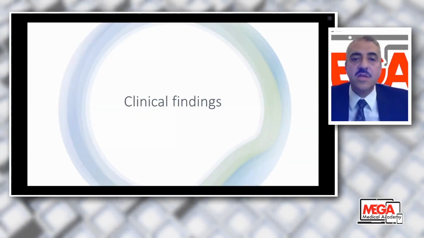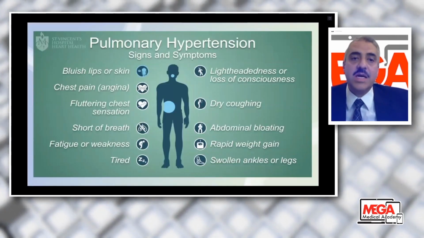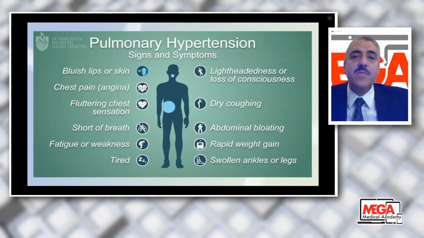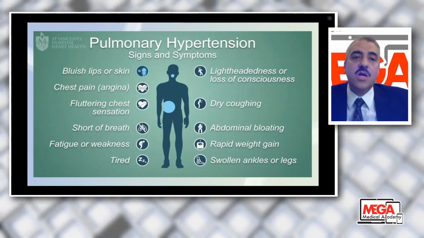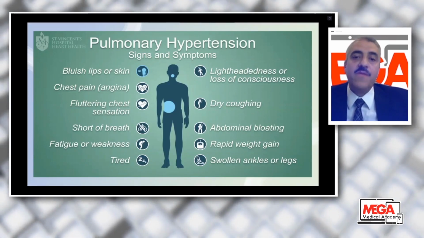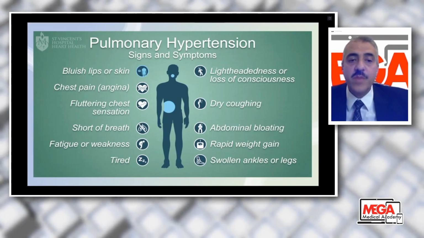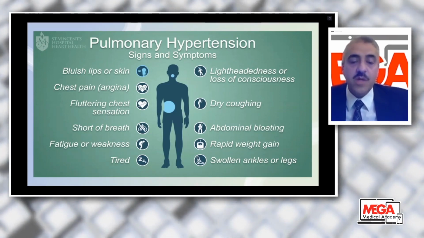The clinical findings in such a patient, the most important of which is dyspnea. However, the patient might complain of bluish lips or skin, or cyanosis, anginal pain, feeling of arrhythmias or a fluttering chest sensation, dyspnea or shortness of breath, fatigue or weakness.